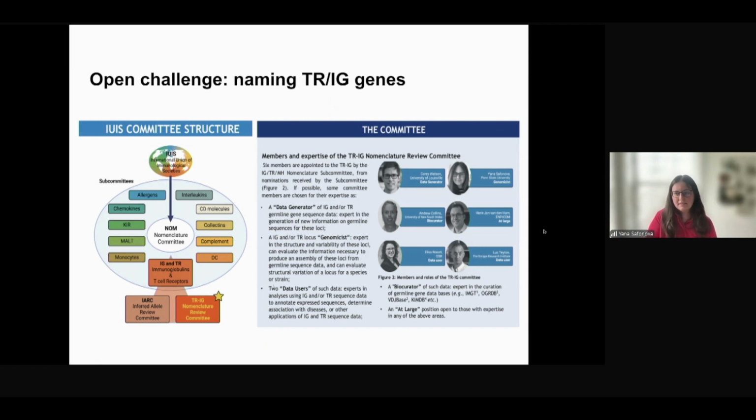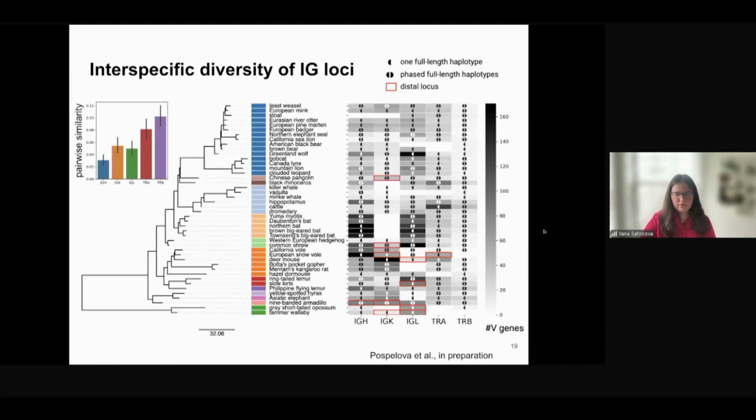Many of my colleagues are at this meeting, so probably it would be better to talk with them in person, but I just want to say that one of our goals is to develop transparent policies to name immunoglobulin genes in such complicated cases that represent pretty new study cases as compared to what we previously knew about immunoglobulin loci.